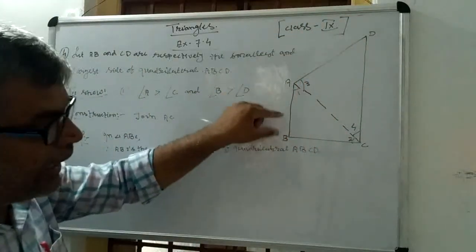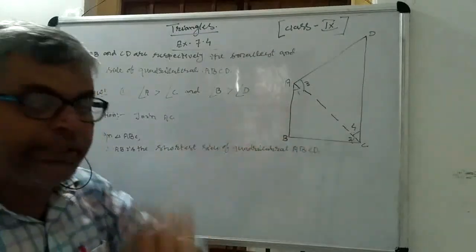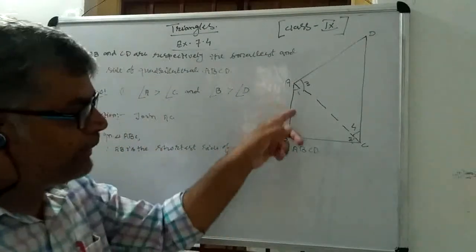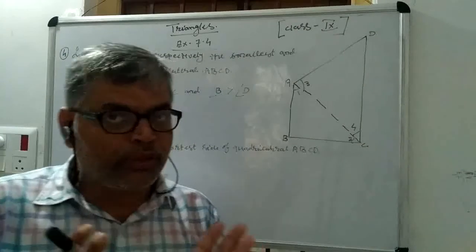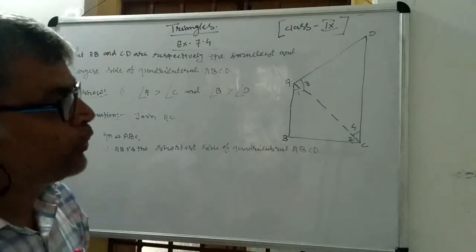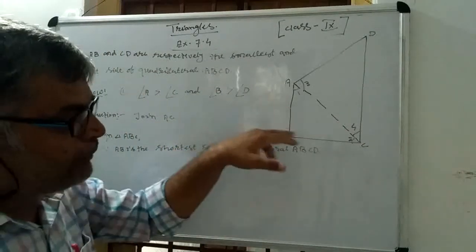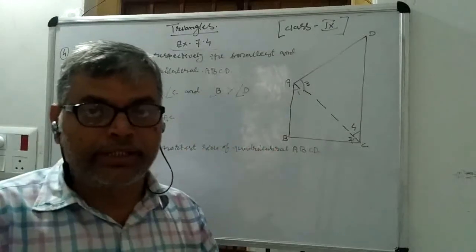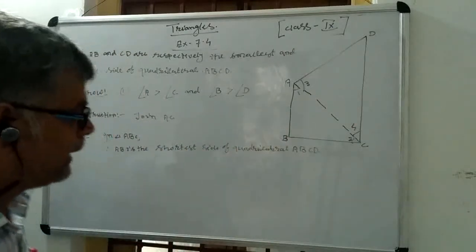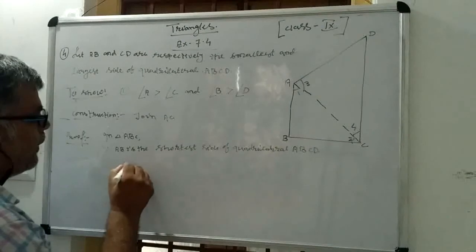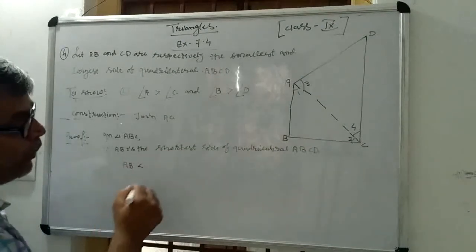It means that AB will be smaller than BC because AB and BC are sides of the quadrilateral. So when AB was the shortest side of the quadrilateral, it is obvious that AB is smaller than BC.